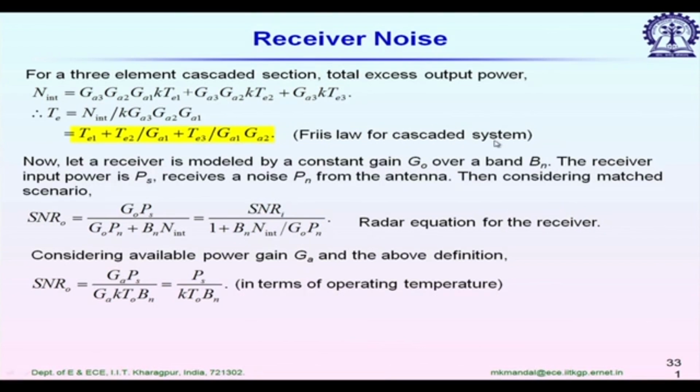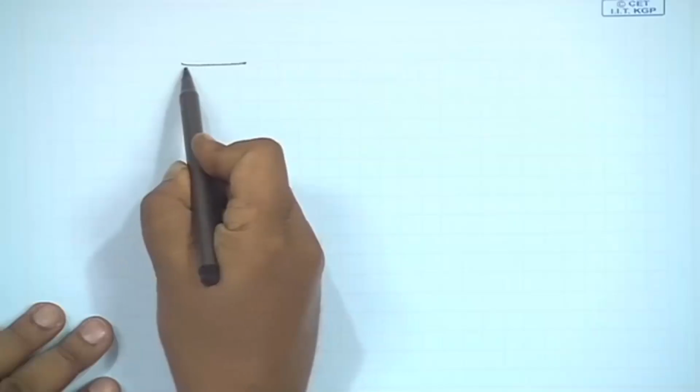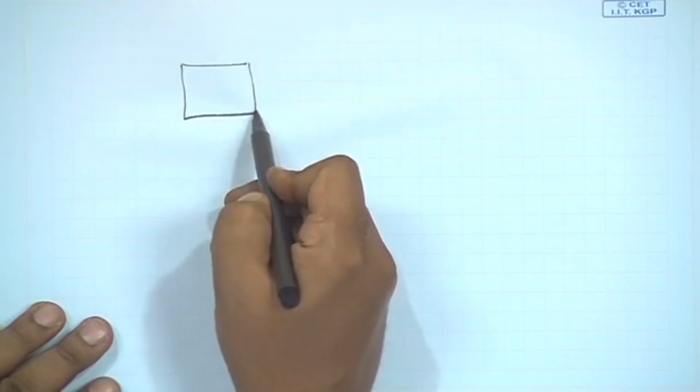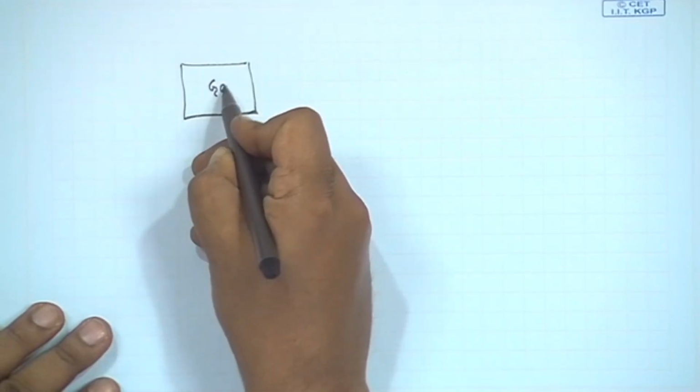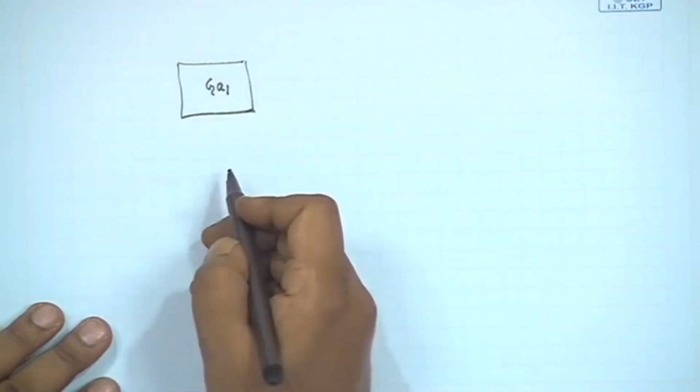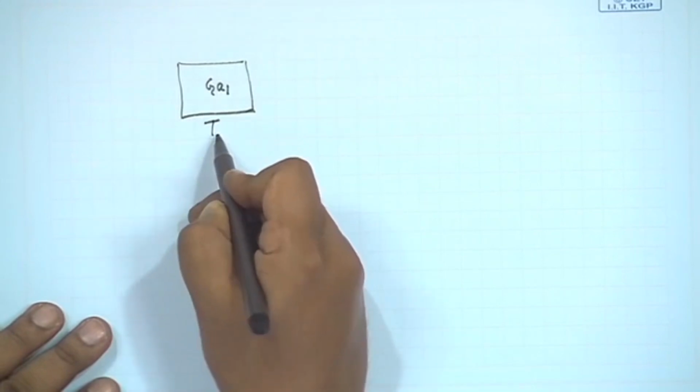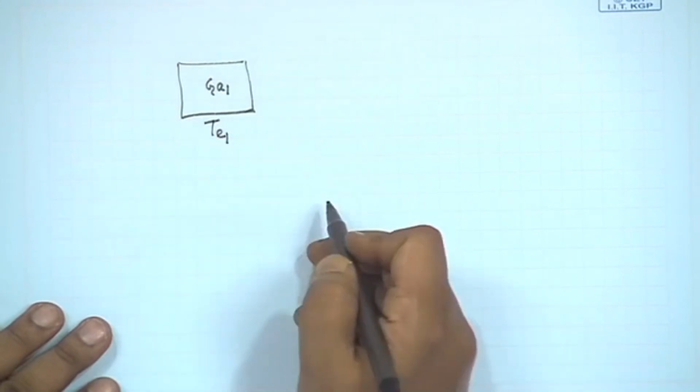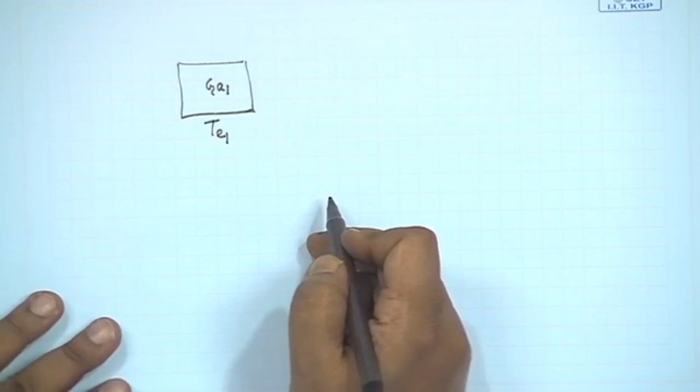Now, let us consider several two-port components connected in cascade. Let us say we have three amplifiers. The first one has gain GA1 and effective noise temperature TE1.